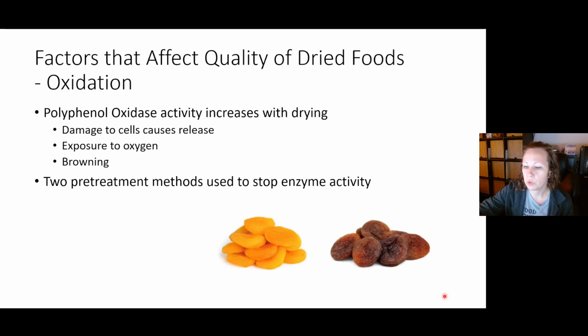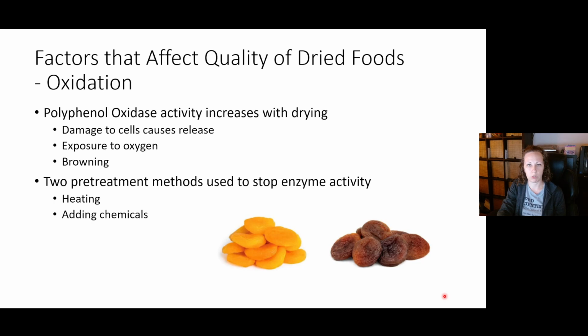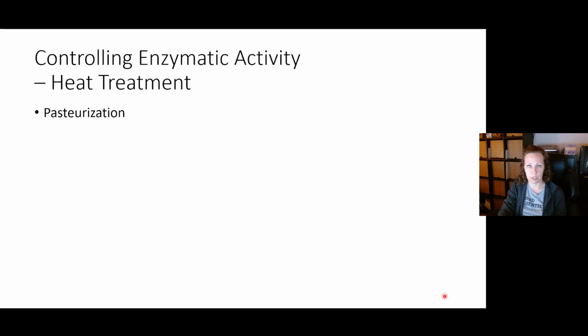And so there are two potential pre-treatment methods to stop enzyme activity, broad classifications, and these are heating or adding chemicals. And so we know that when we pasteurize food, we also stop enzyme activity, right? We've talked about that before recently.